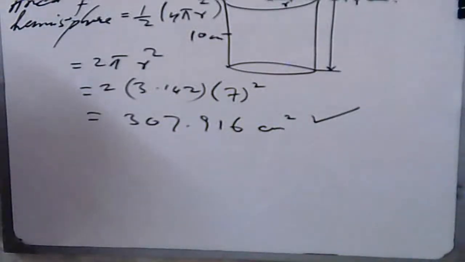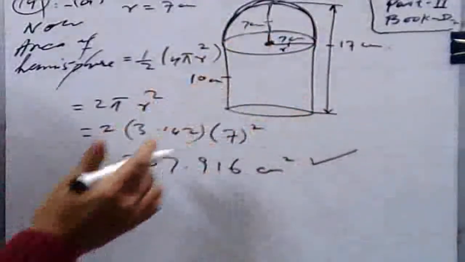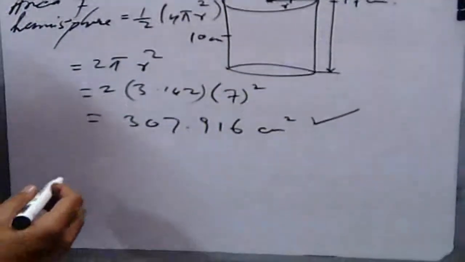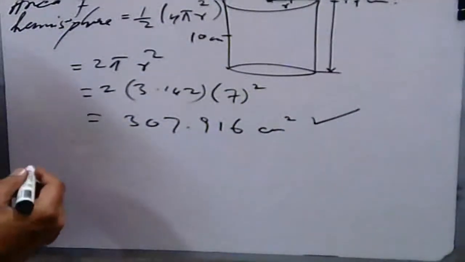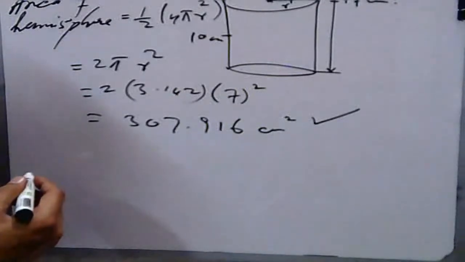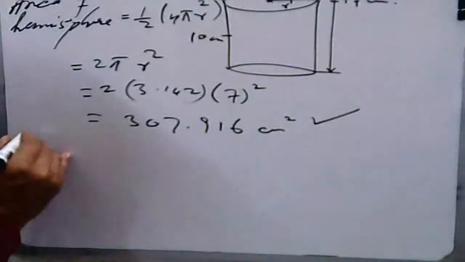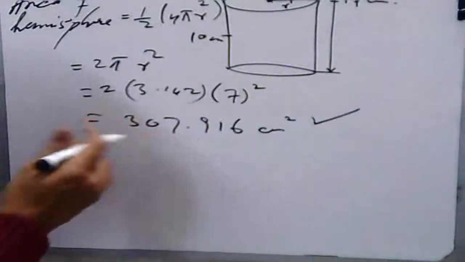First of all we have to find the base area of a cylinder, or if I would like to say it separately it will be easy, if you would like to find the total surface area.